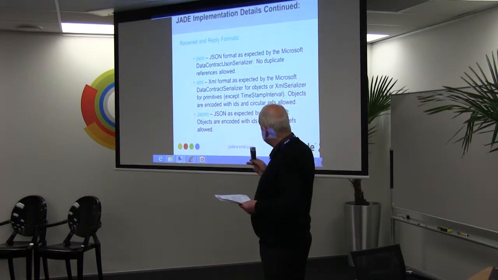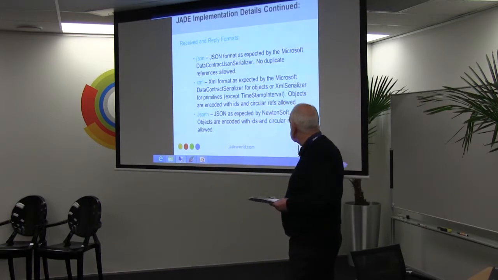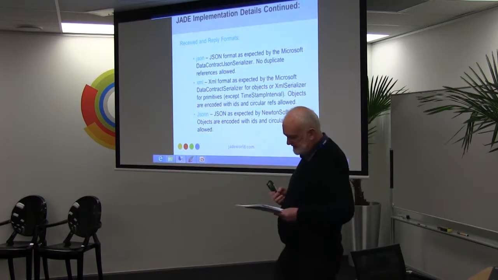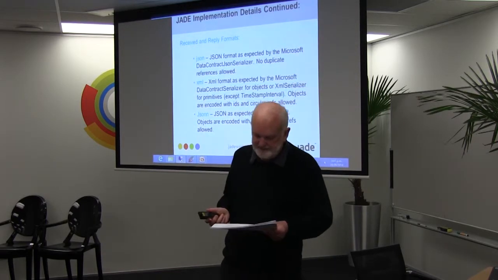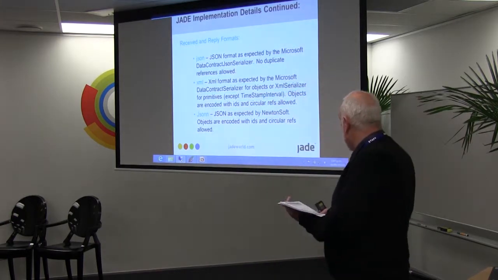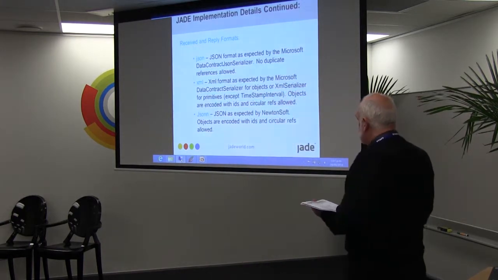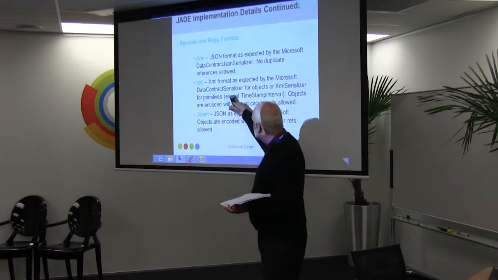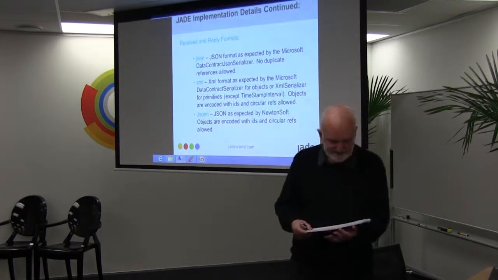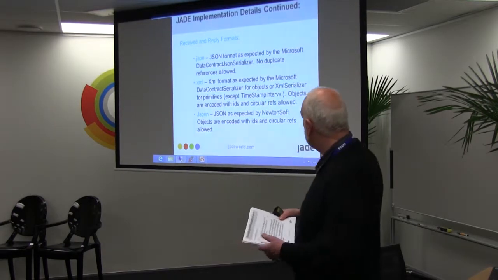Microsoft has a data contract serializer, which you use for objects, and an XML serializer used for primitives. But in their implementation, they missed timestamp interval. So if you want to handle timestamp interval, you have to use the data contract serializer. Maybe they'll fix that in the later releases of Windows, or who knows. Miracles still happen.